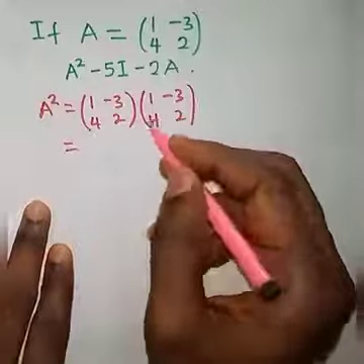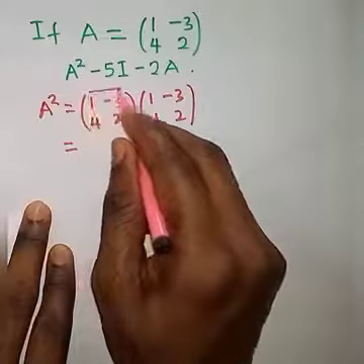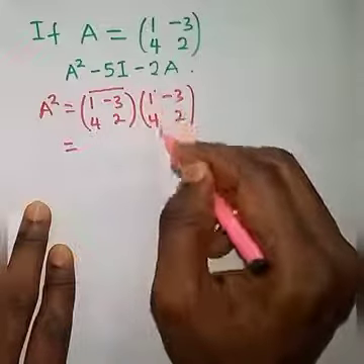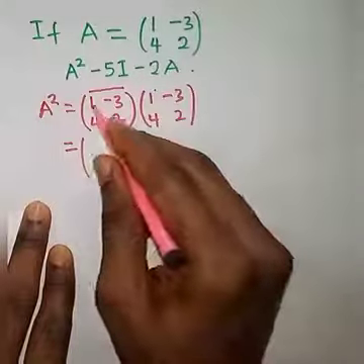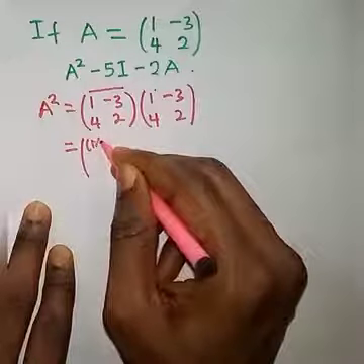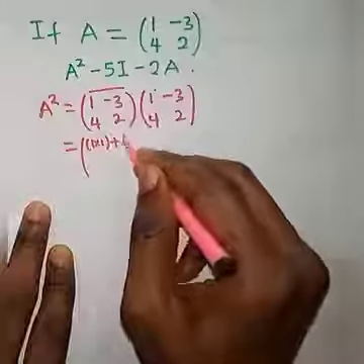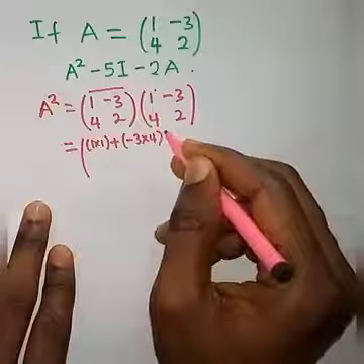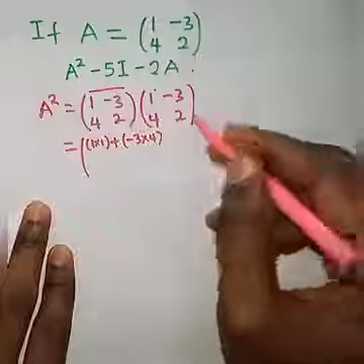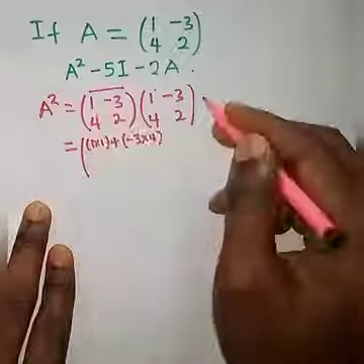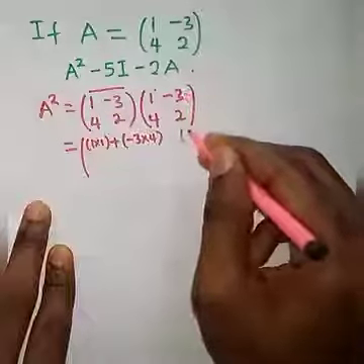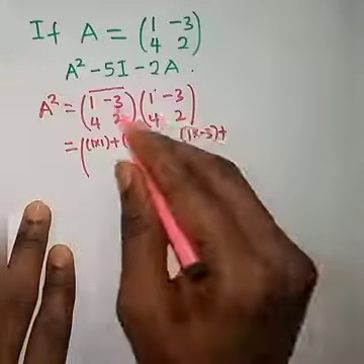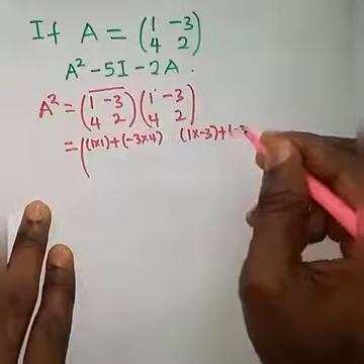To carry out this multiplication, we multiply the first row by the first column here. And so we have 1 times 1 plus minus 3 times 4. And then for this entry, we have 1 times minus 3 plus minus 3 times 2.